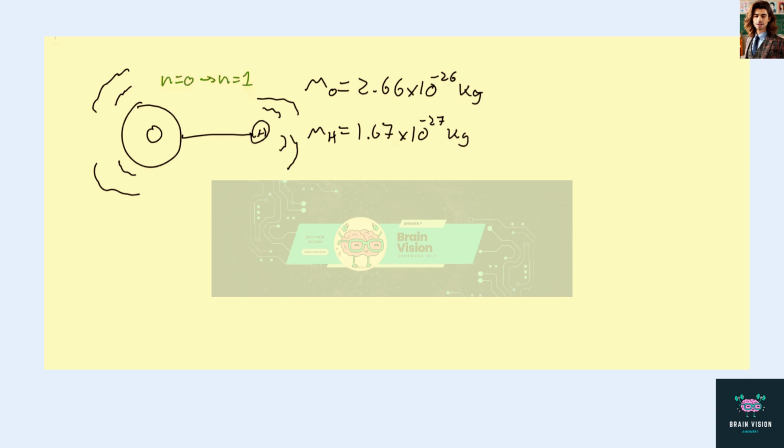And the frequency of transition is given by h bar omega.